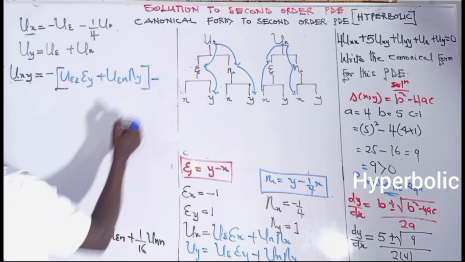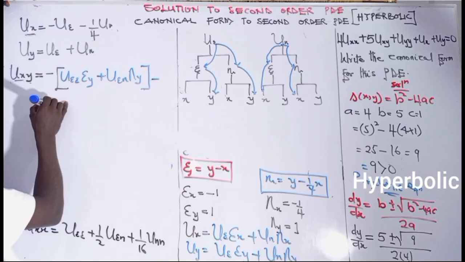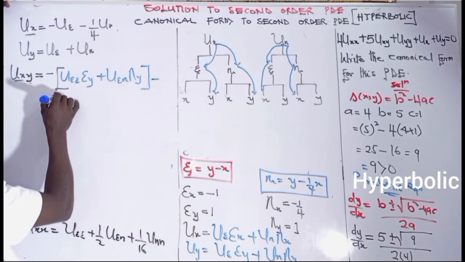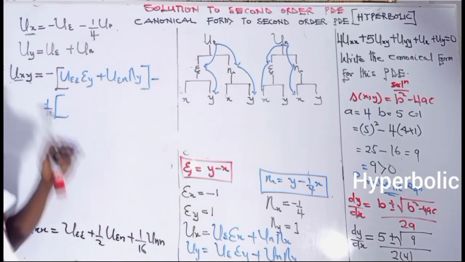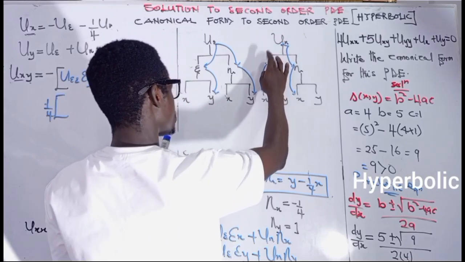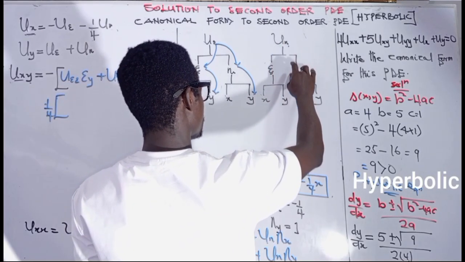We move on to u eta. With u eta, we have the coefficient 1/4. Then we find the expression for u eta with respect to y. With that one as well, we are going to use this diagram.